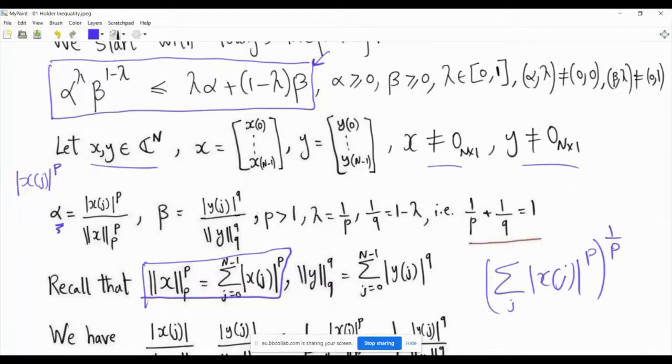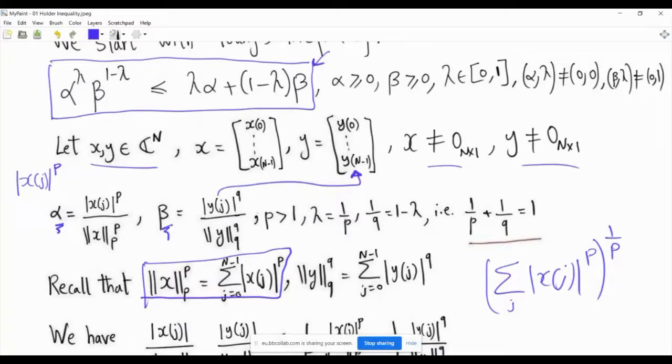But here we don't take the root, so this is the pth power of the Lp norm of vector x. And beta is defined similarly, but it involves vector y. Here we have the components of vector y, and we raise them to the power q.